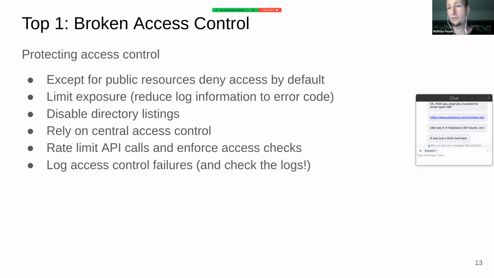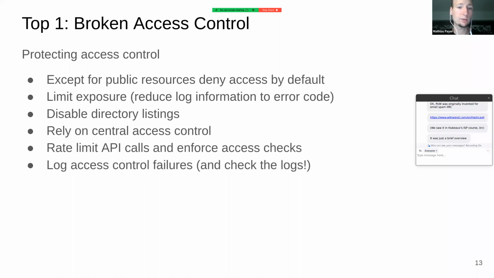For example, if a web application crashes, I'm sure you've seen this on the internet, you may get a full stack trace of where the bug actually happened. And you may not want to expose this to the attacker. You want to disable directory listings, right? If you access a directory, you could leak a lot of information there.